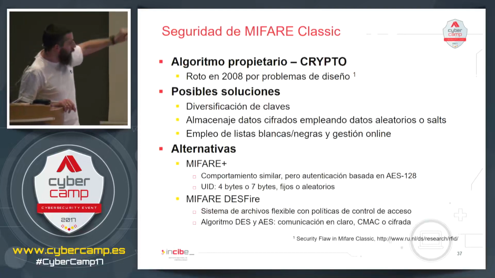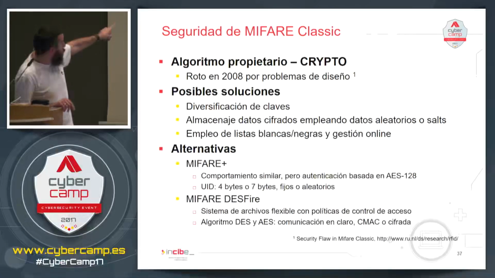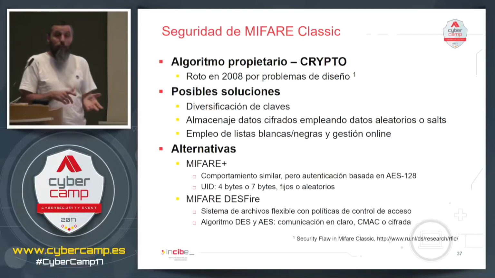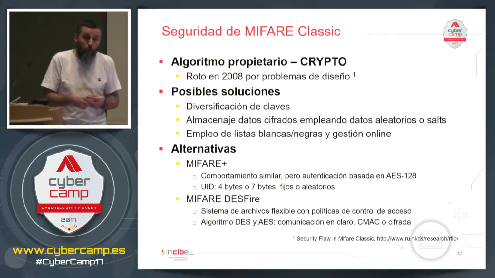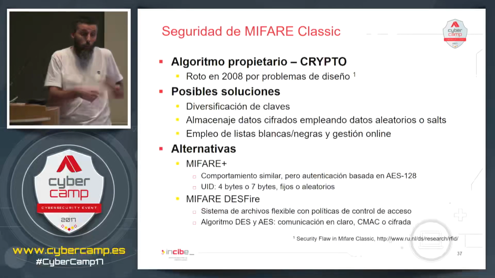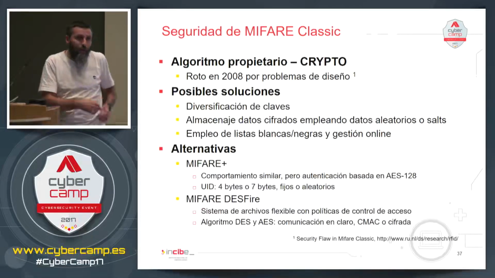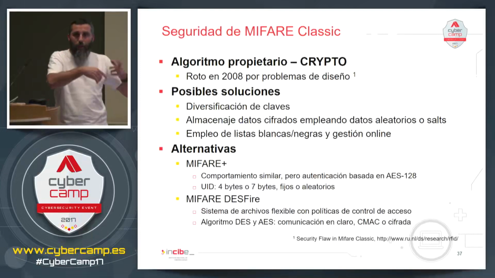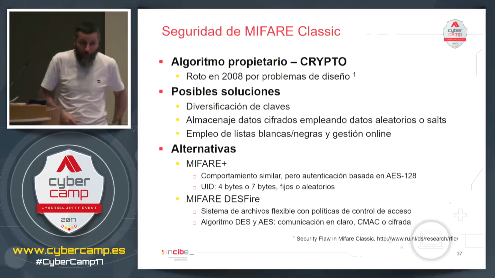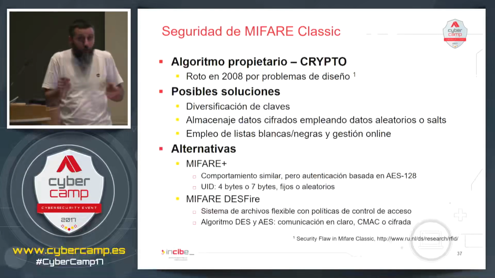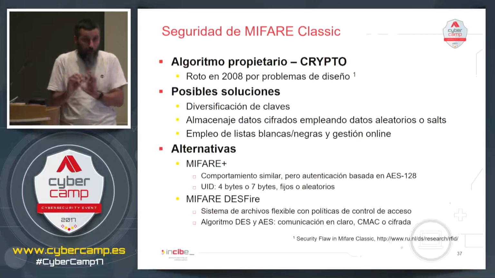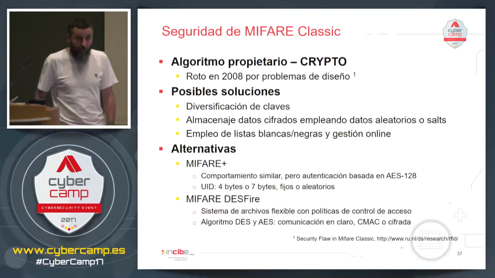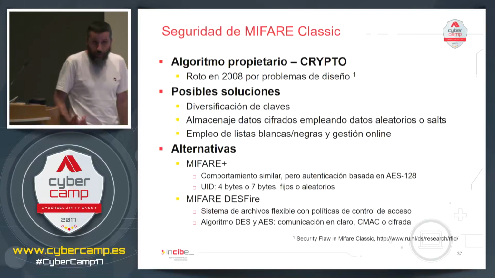So we've got this other card there, which instead of using fixed identifiers of 4 or 7 bytes, can also use random ones. If you use random identifiers, that gives you additional security, because let's imagine it's an access control which is just based on the card's identifier ID.